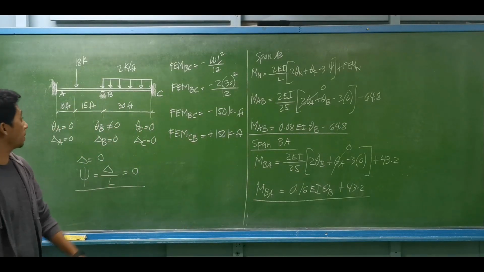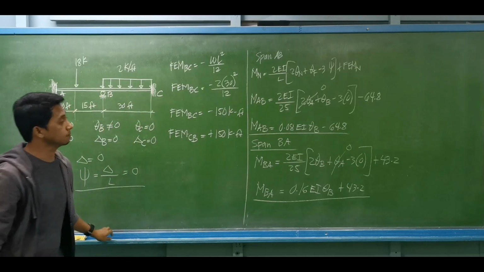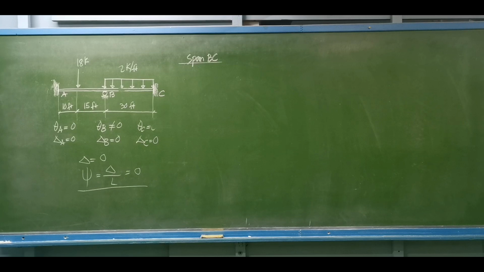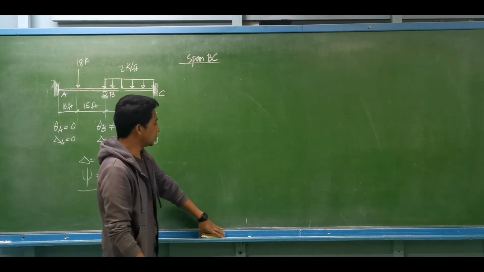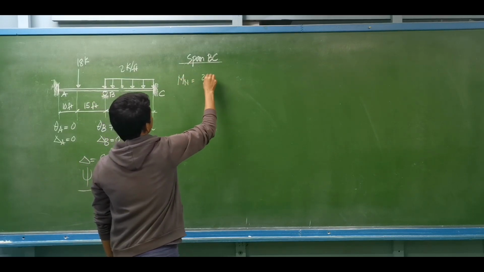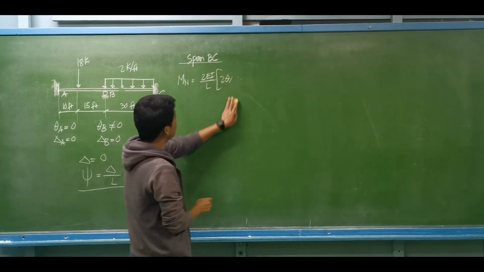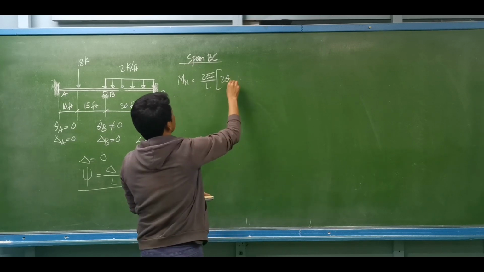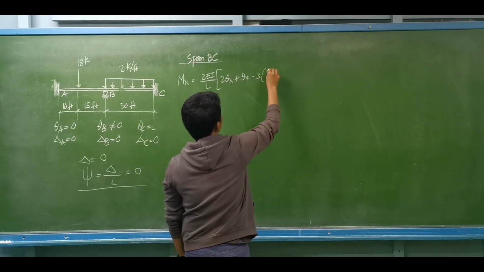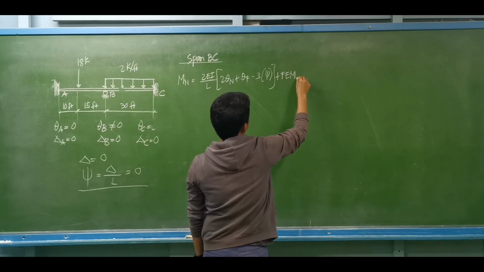Let us consider the next span, span BC. So from our general equation, we have the moment on the near point is equal to 2EI divided by the length, multiplied by twice the rotation of the near point, plus the rotation of the far point, minus 3 times the chord rotation psi, plus the fixed end moment of the near point.